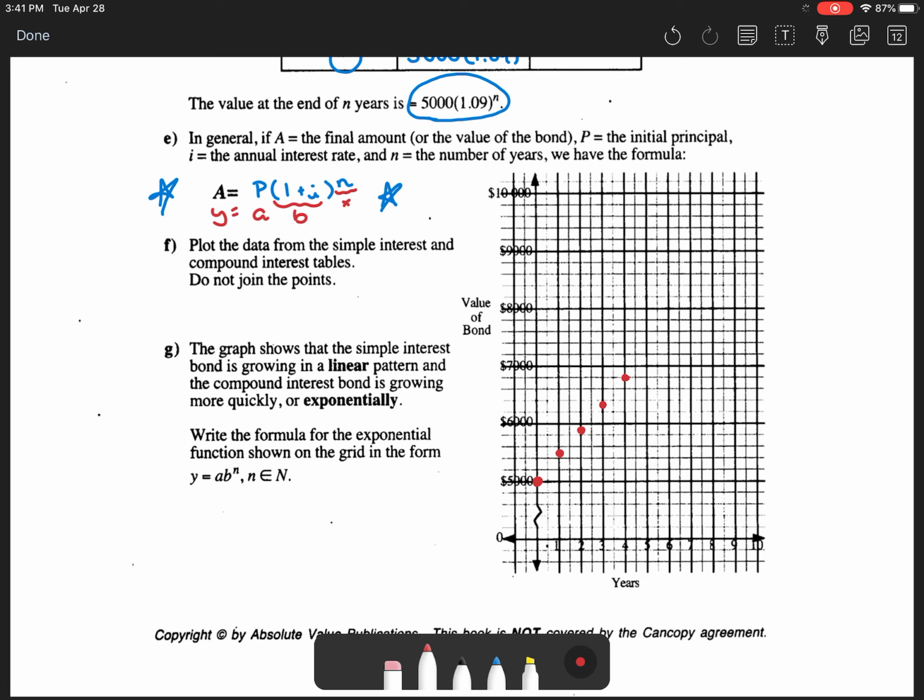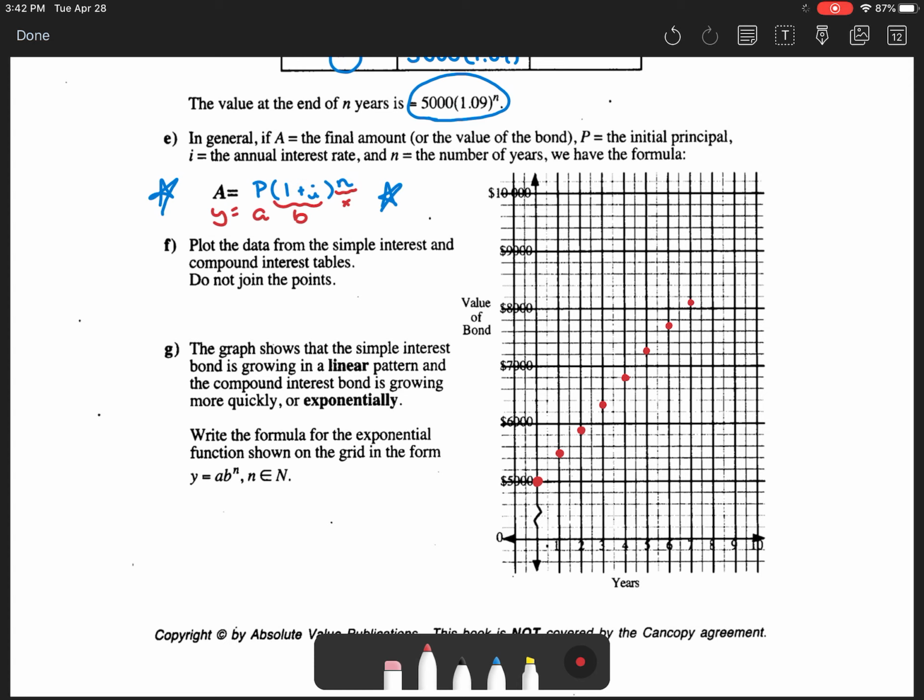Year 4 is 6,800, right there. Year 5, 7,250, so just above 7,200.